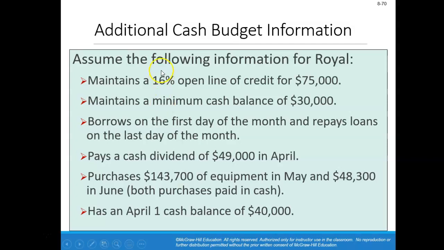So we're going to take all of this information in addition to our sales budget, our expected cash collection, our production budget, our material budget, our labor budget, our overhead budget, our selling and admin expense budget, and combine this all together into what's known as a cash budget.